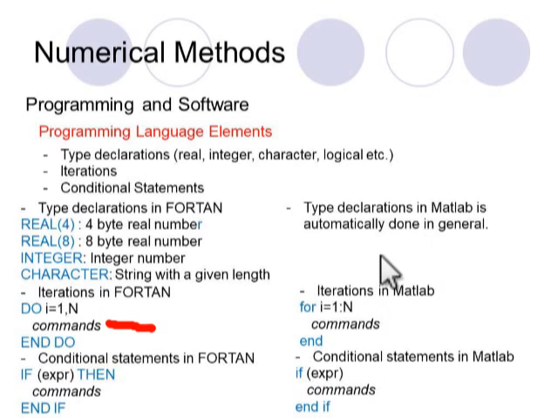How about in MATLAB? Because we will heavily use MATLAB in this course. You don't need to make a type declaration in general, because numbers are automatically defined, and generally they are defined as real numbers if they are used with the points.